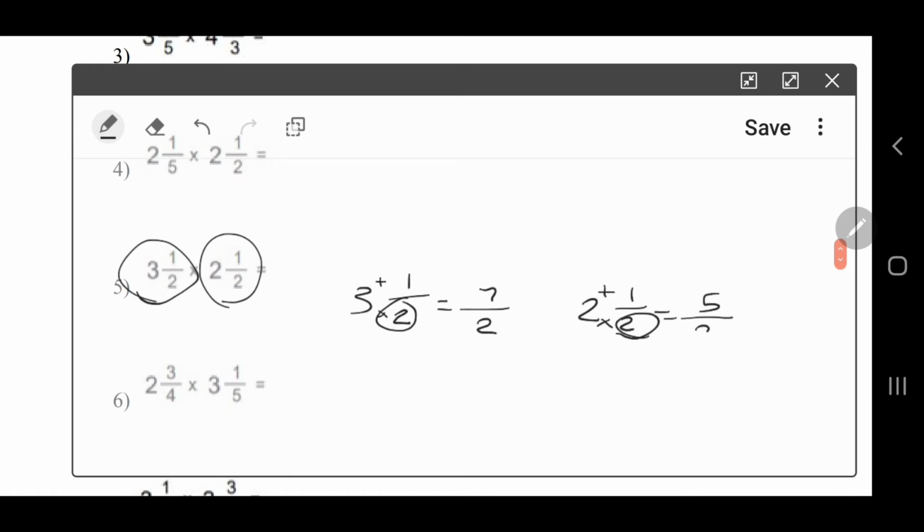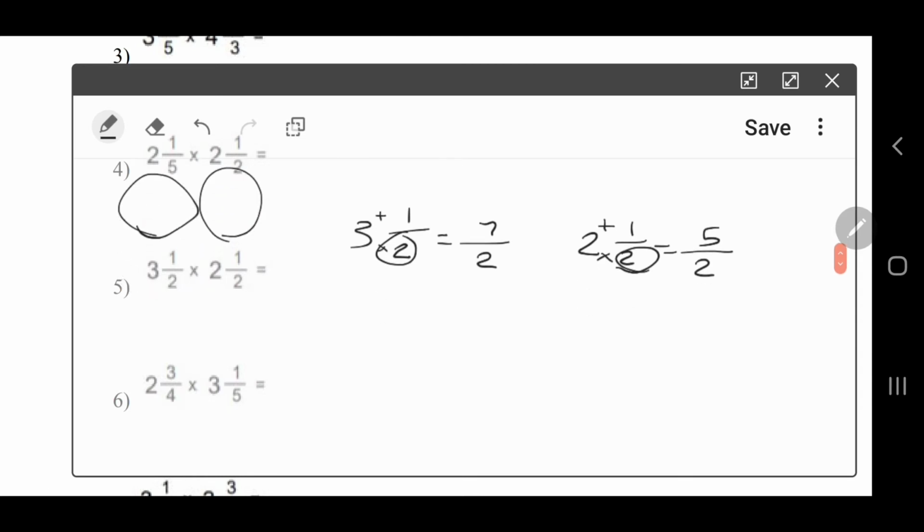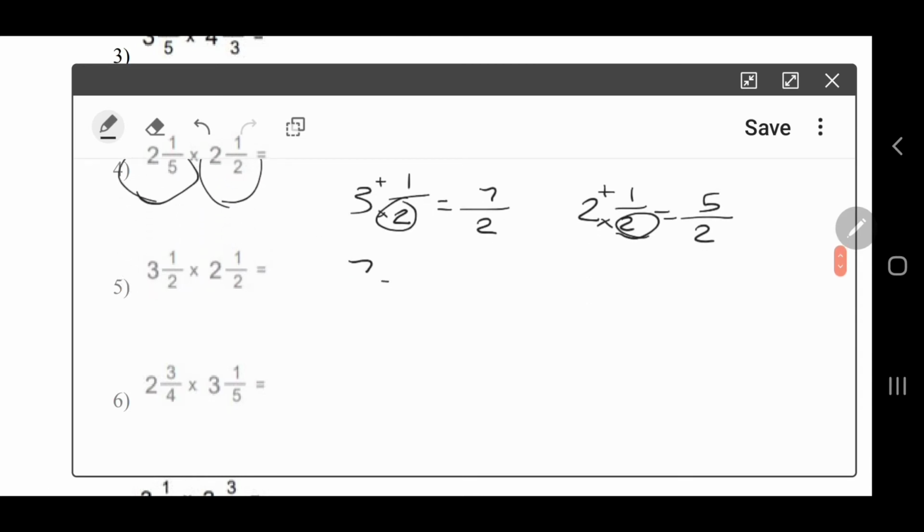Keep the same denominator over here. And now we just multiply it. So 7 over 2 times 5 over 2. By the way, this mark over here is basically the same thing as the multiplication symbol. 7 times 5, 35, then 2 times 2 is 4. So this will be your answer.